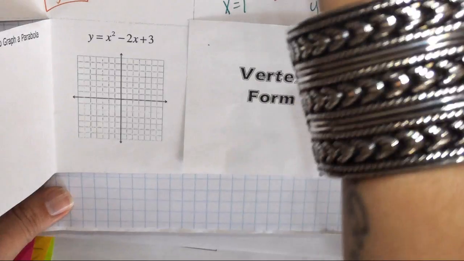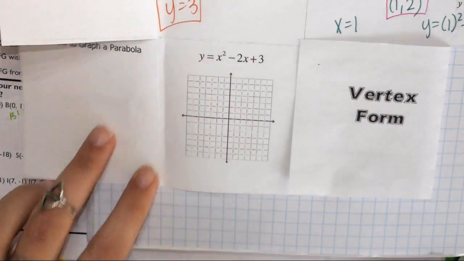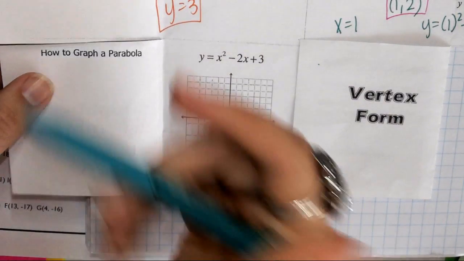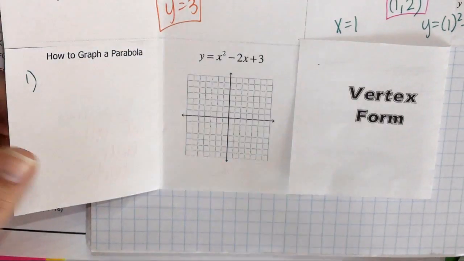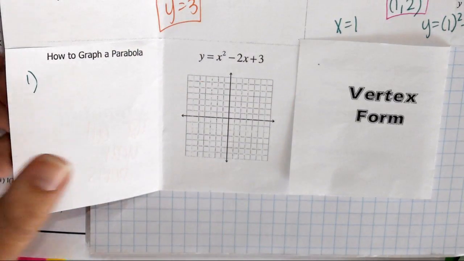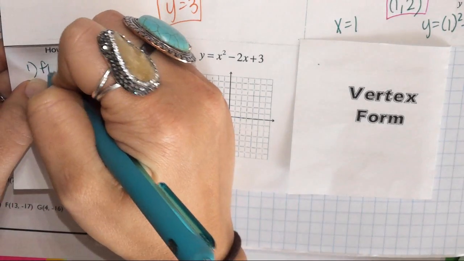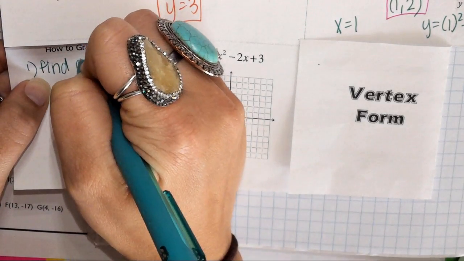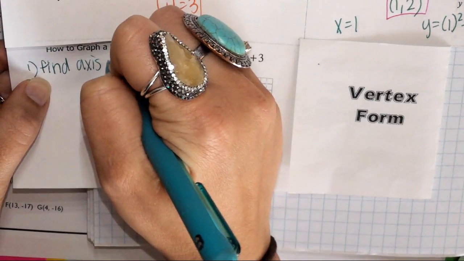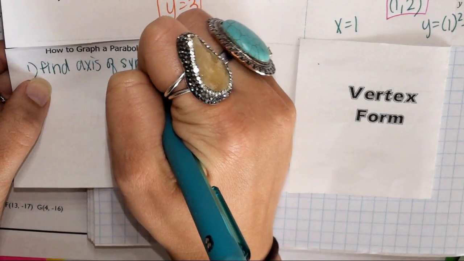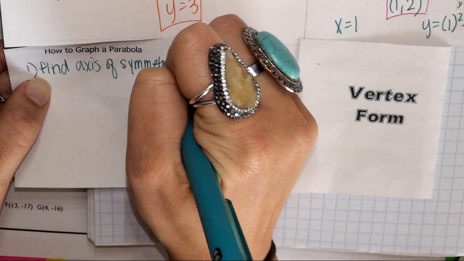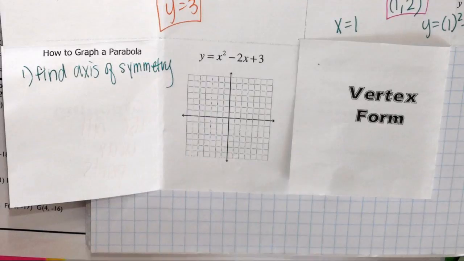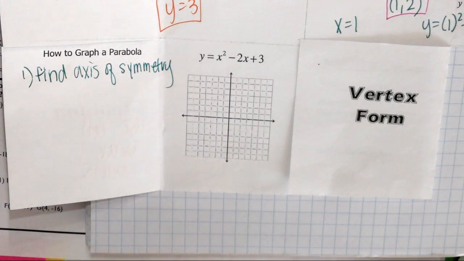Alright, how to graph a parabola. Step 1. What did we find first? Good, take a point. Is it okay if we just abbreviate it as AOS? Yes.